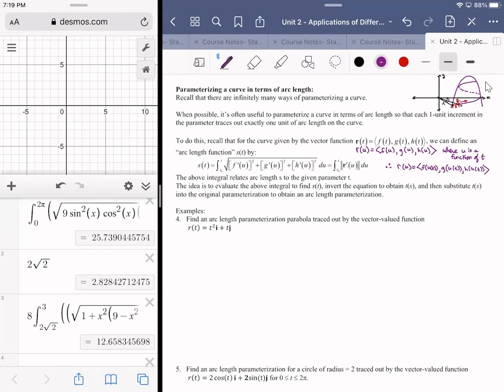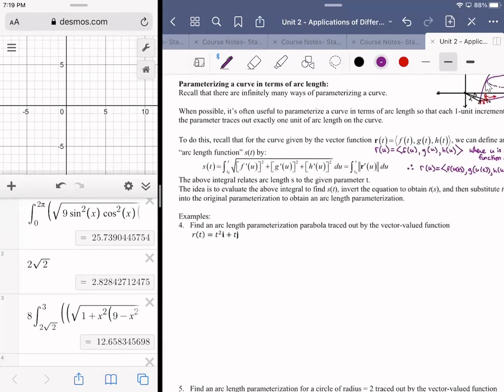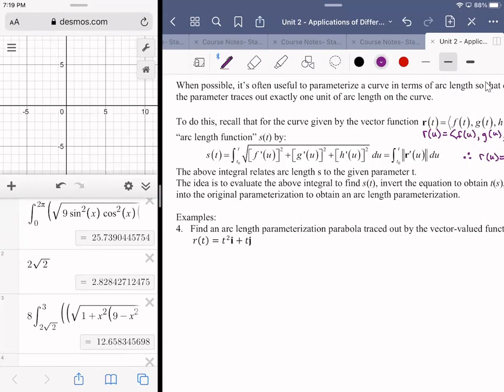So we have r of t. What I'm going to do is redefine t as some function of u.